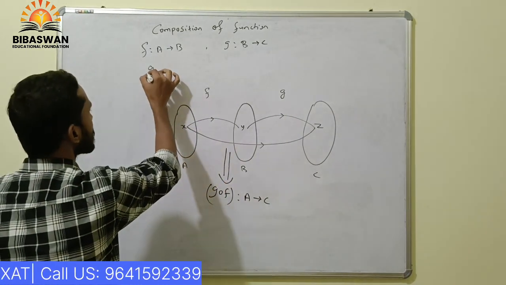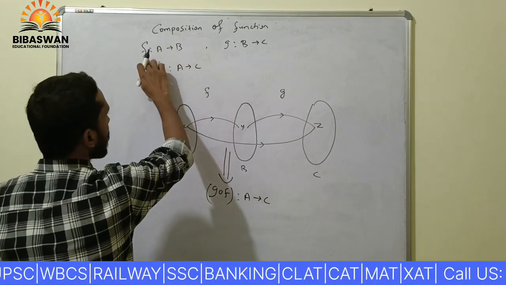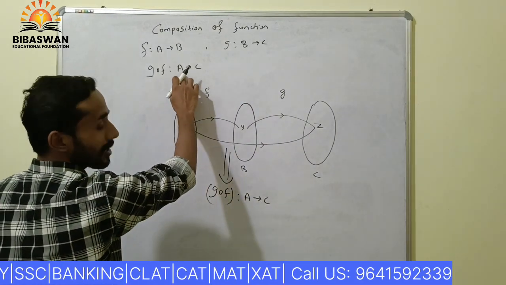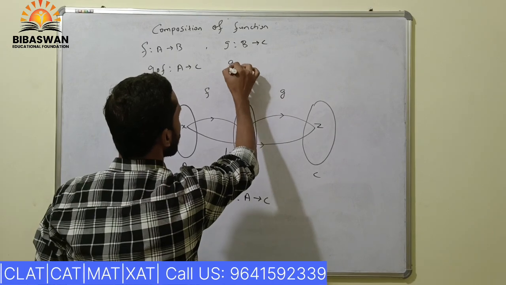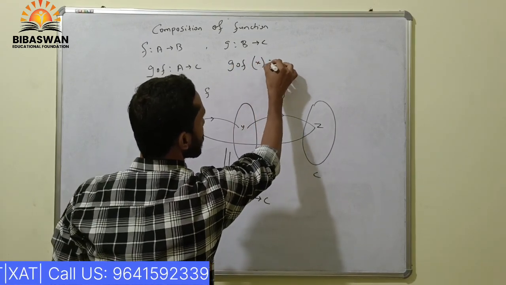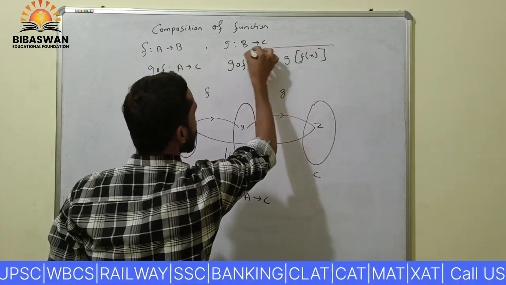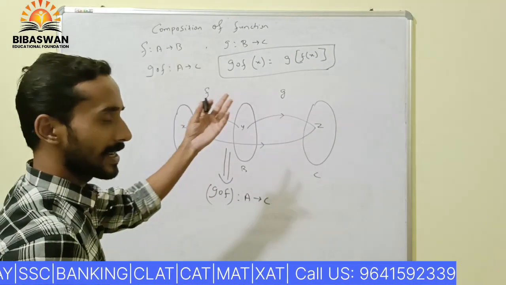What is the formula? g of f function, where A to C. The f function is A to B, the g function is B to C. So g composition f from A to C is equal to g of f of x. It is very simple. Formula seems a little bit lengthy, but very simple.